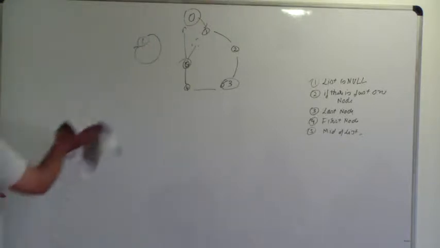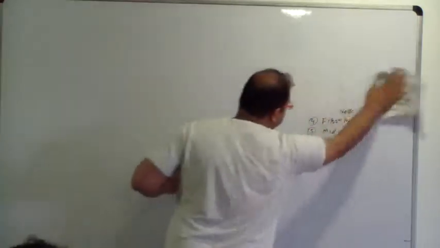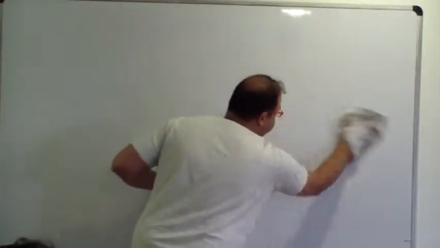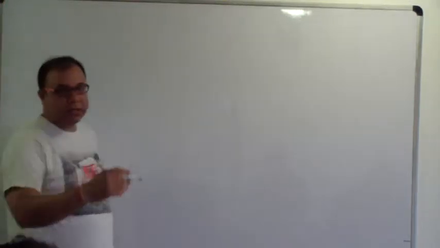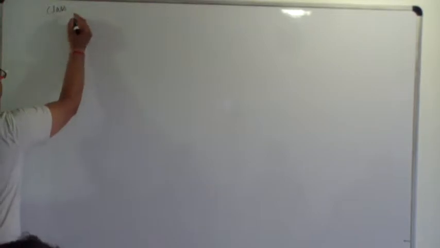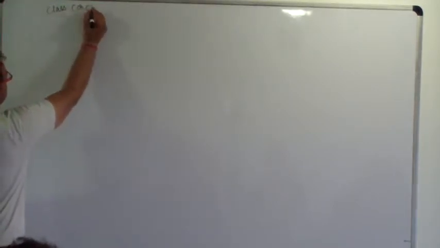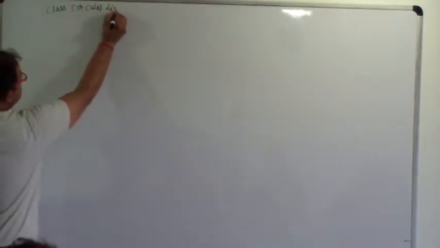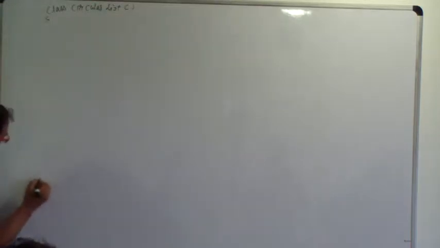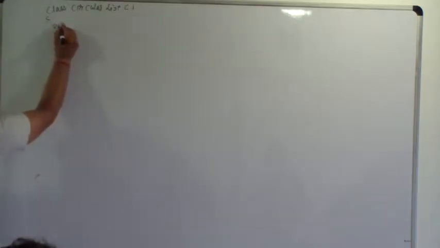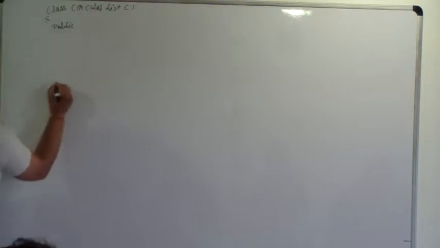Okay, so we'll start writing the code for the linked list. We'll write a class, CircularList, which has a public and a private section.